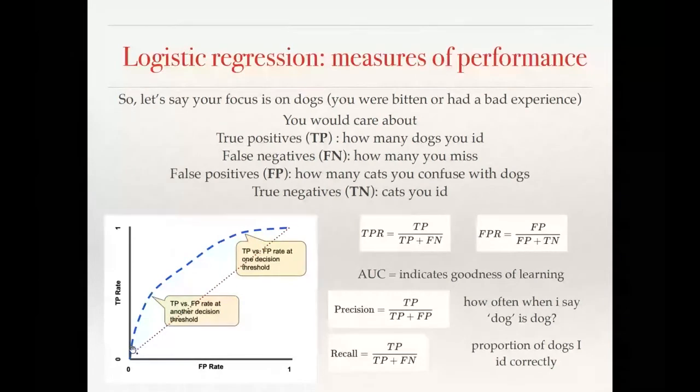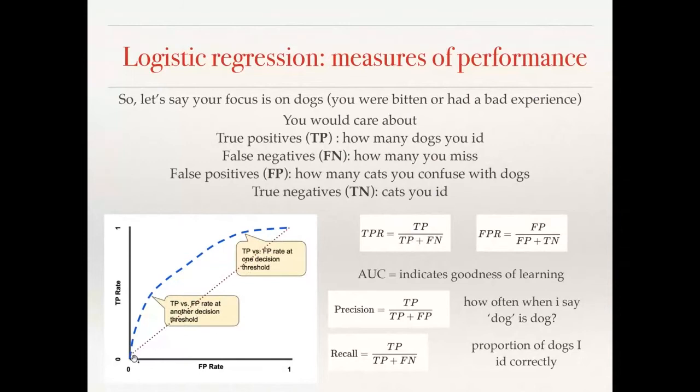Now, when you see ROC curves, often people show different lines that correspond to different algorithms. And the idea is that the more this curve goes towards this corner, the better your learning is. In particular, there is a limitation, which is here.